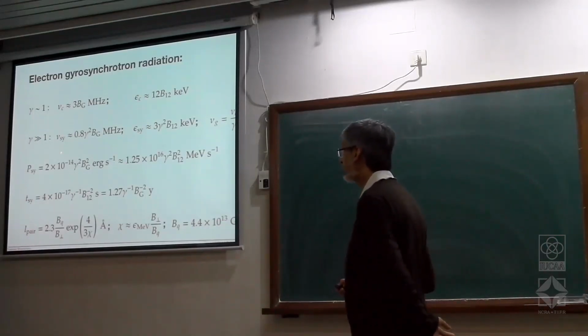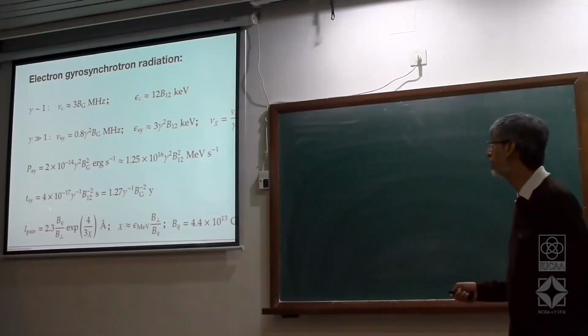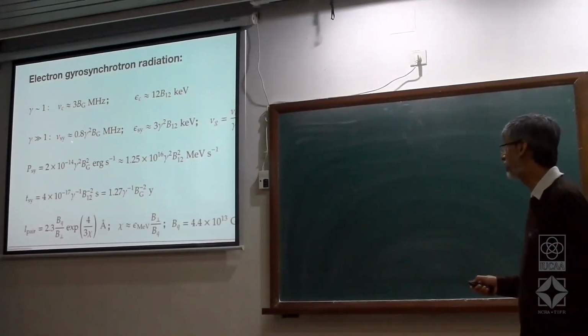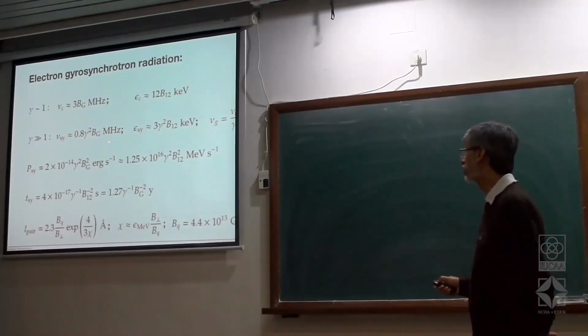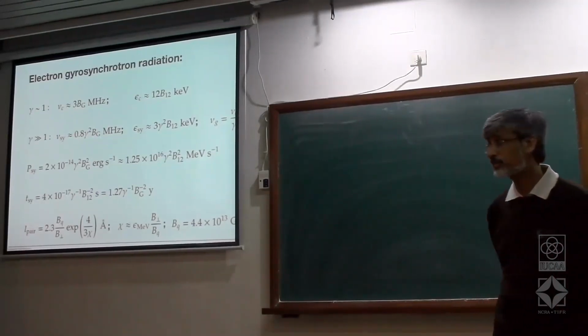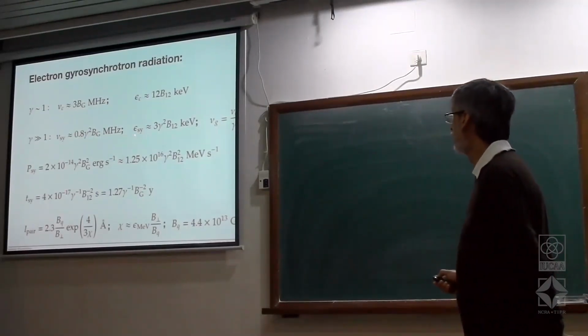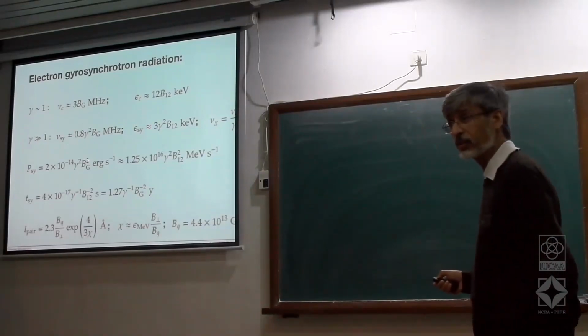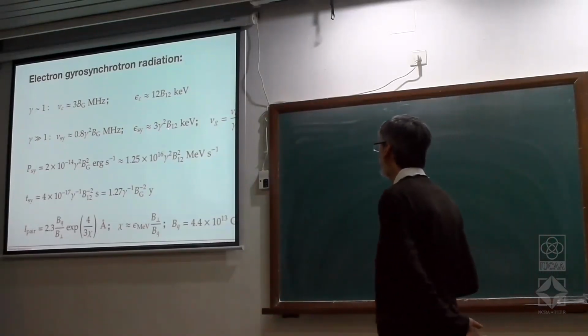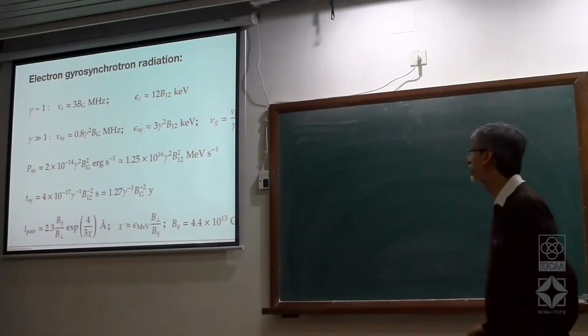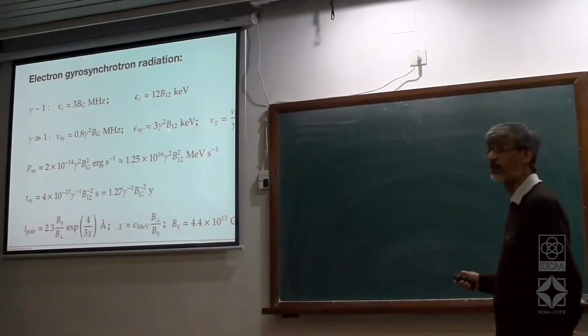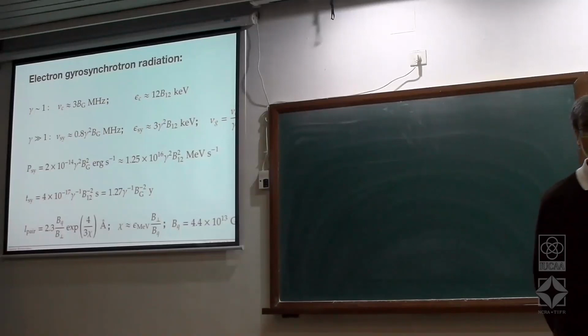When you go to the ultra-relativistic case, the synchrotron peak frequency is 0.8 gamma squared B Gauss megahertz. And similarly, if I write the energy of the photons, then it is 3 gamma squared B12 keV. This 12 has come down to 3, and you multiply it by gamma squared. So it's the same factor.